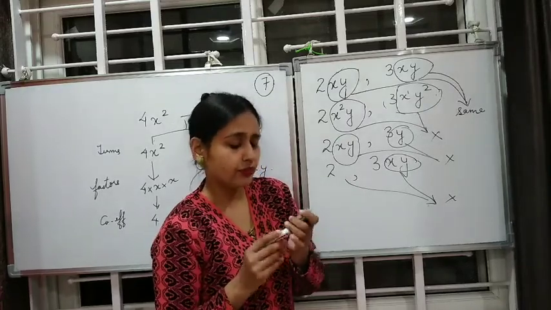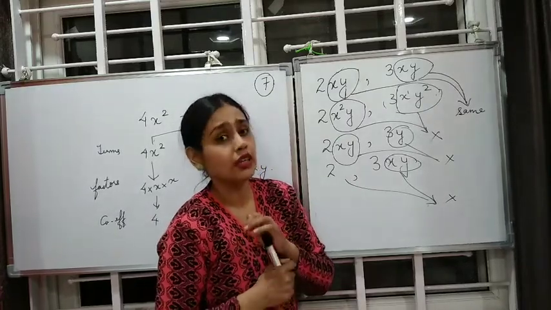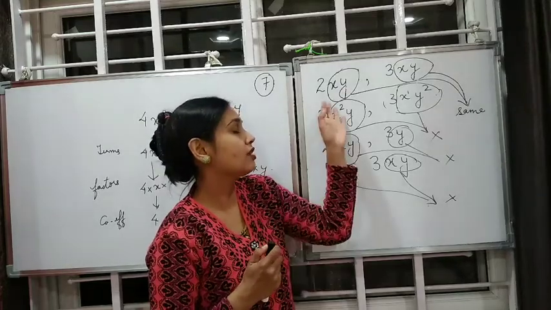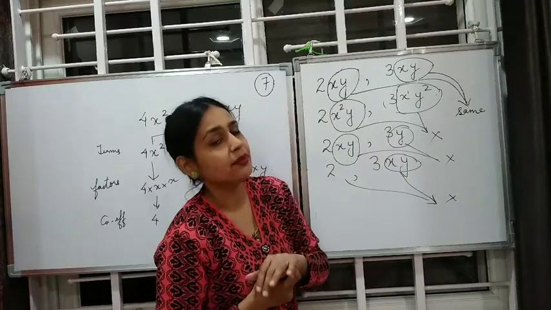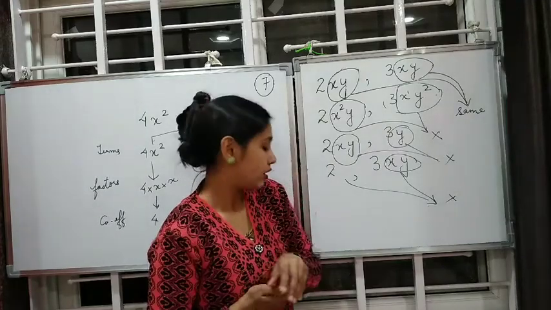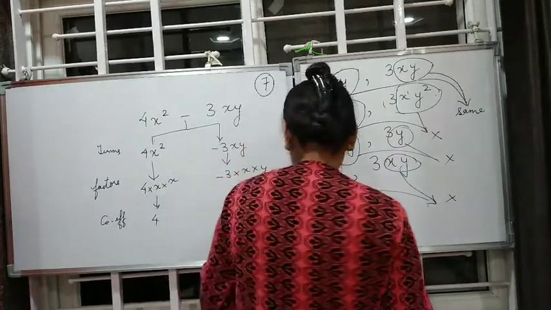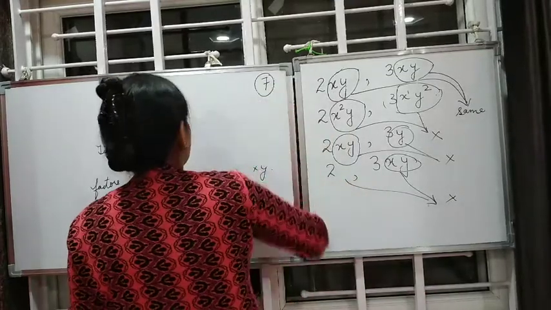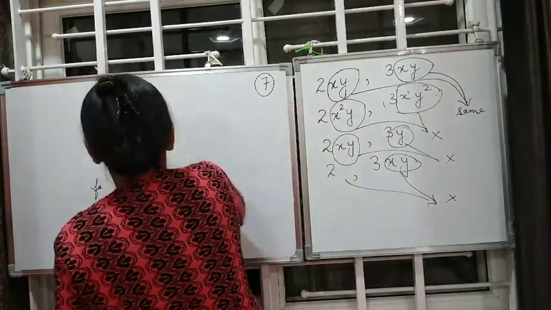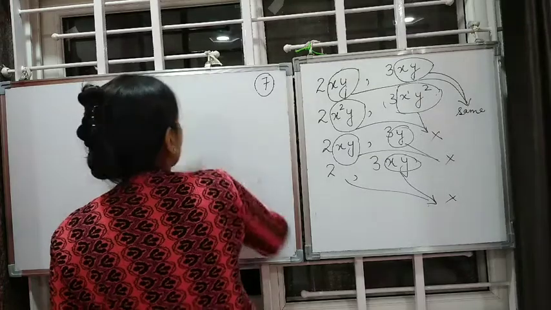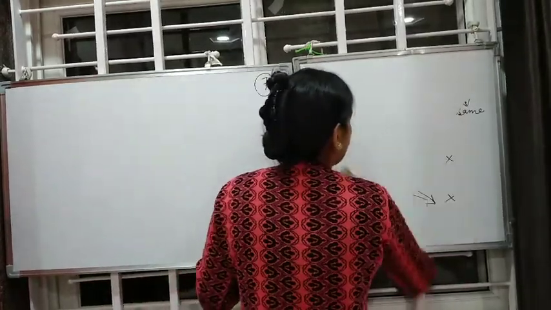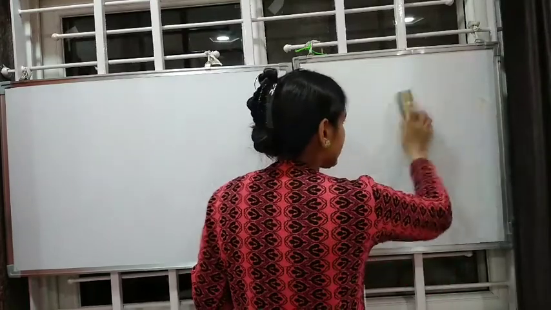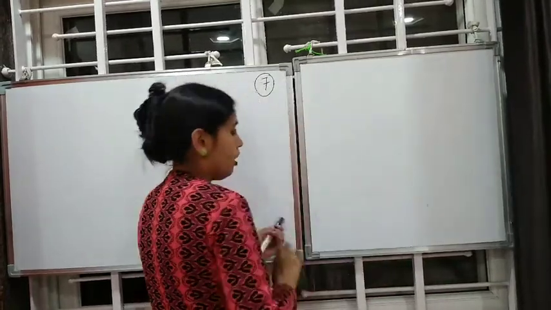Now children, depending upon the terms in the algebraic expression, we studied like and unlike terms. Similarly, depending upon the terms, we are going to classify the expressions. How? See.